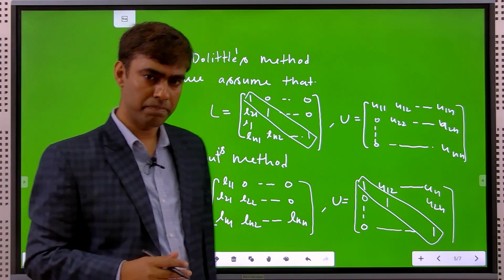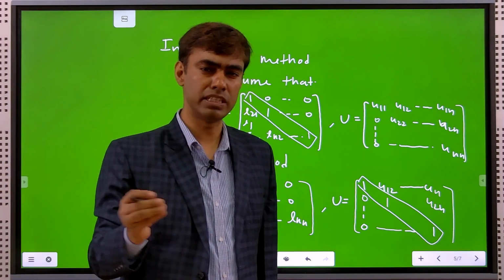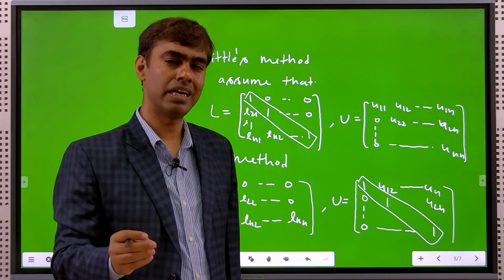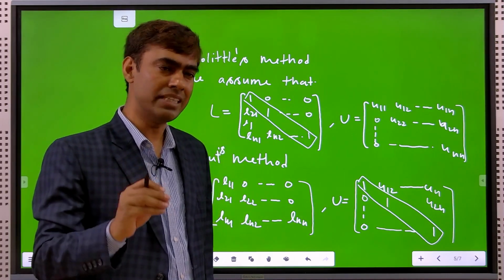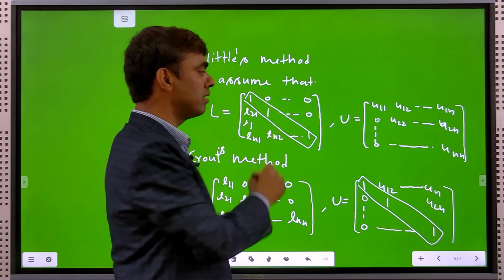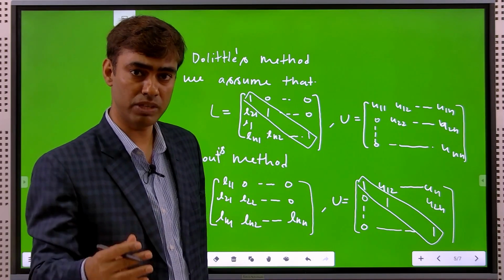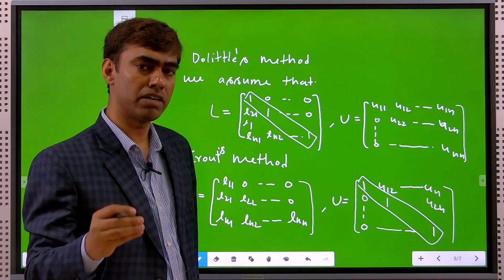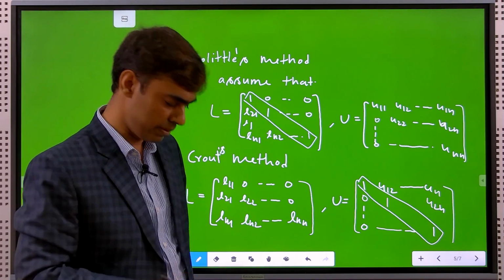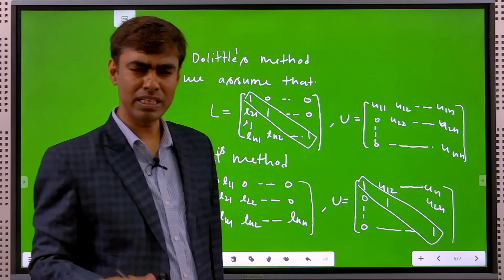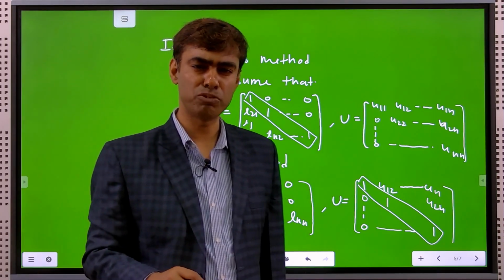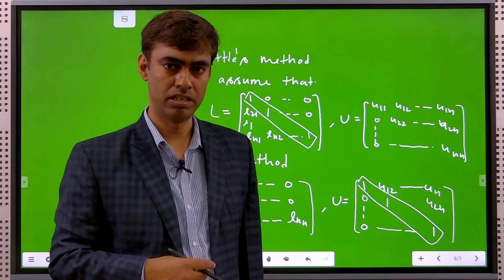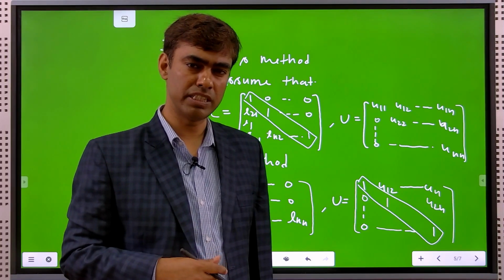So this is the difference between the Doolittle method and the Crout method. What is the need to convert the diagonal elements equal to 1? The answer is to make the number of unknowns equal to the number of equations. Now, another method under the category of decomposition methods is Cholesky's method. Later on we will discuss Cholesky's method.